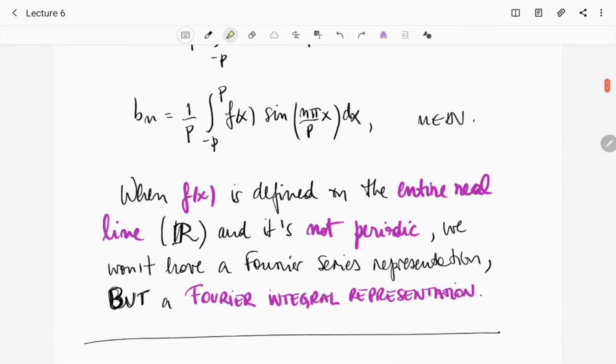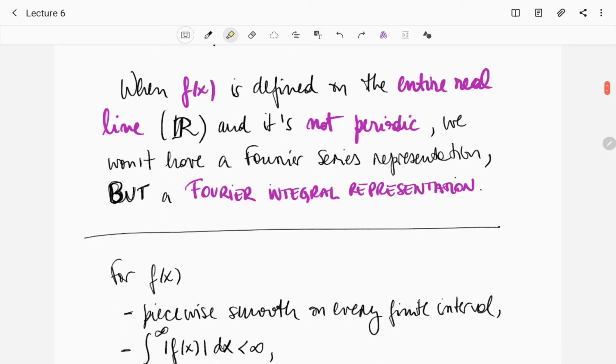So now the situation is, okay, forget about that interval and that period and that property of being periodic, and now imagine that we have our f defined in the entire real line, so in all R, okay? And let's say that it's not periodic, otherwise we go back to the previous setting that we already know how to deal with.